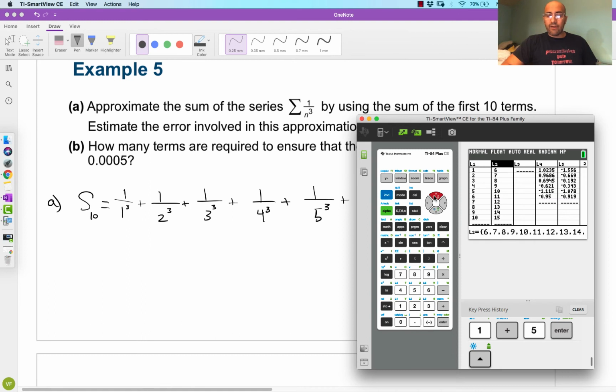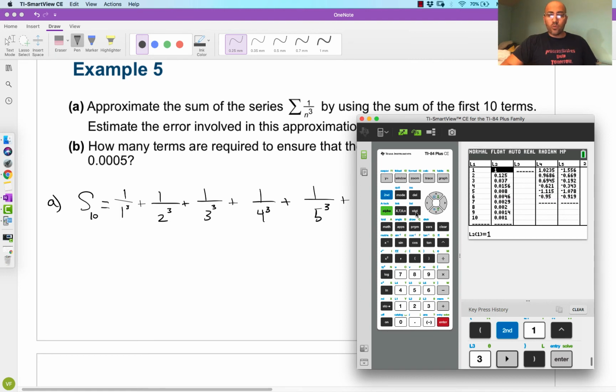But we don't want to add 5. What we want to do, clear, is 1 divided by L1, all the values in L1, to the power of 3. Close parentheses, go to the right, close parentheses. Hit enter and confirm that things look good.